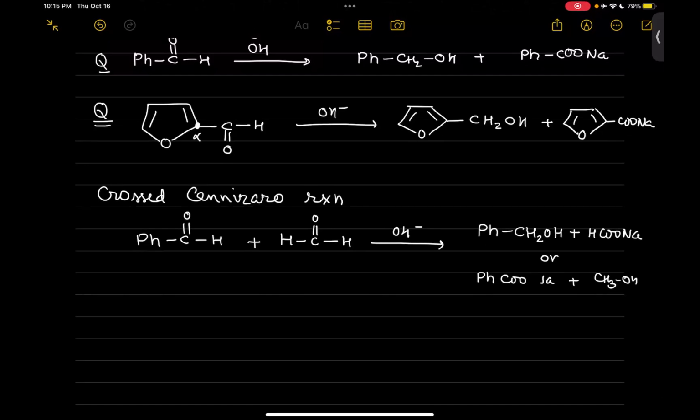That thumb rule says whenever you have a formaldehyde, it is always the formaldehyde molecule which will get oxidized. Getting my point or not?